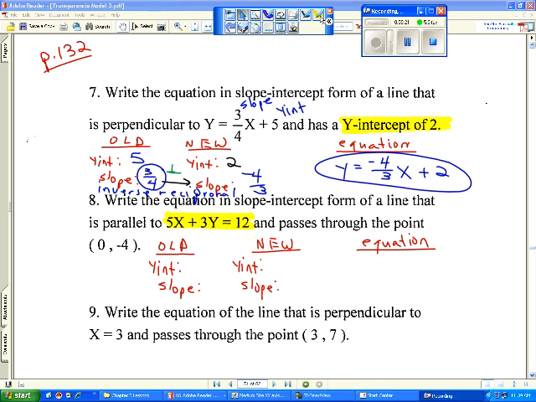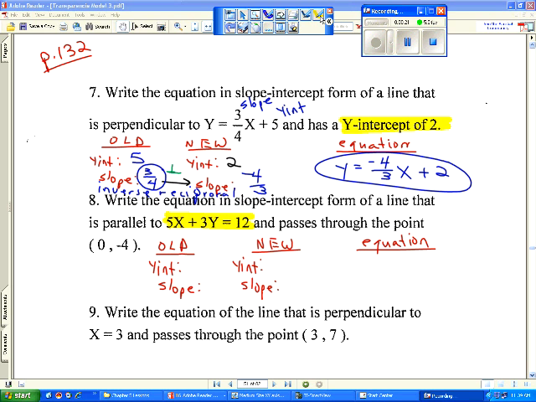What is the y-intercept of the old one according to that yellow equation there? We don't know, because that yellow equation is in standard form, and you cannot identify the slope and the y-intercept until you put it in slope-intercept form. So my first job is to take this equation, 5x plus 3y.